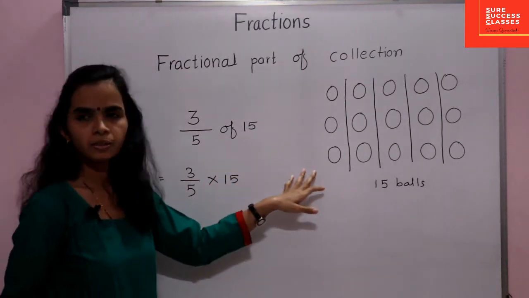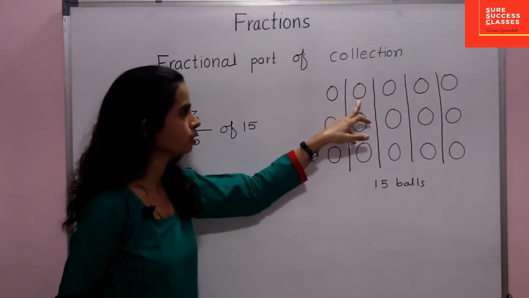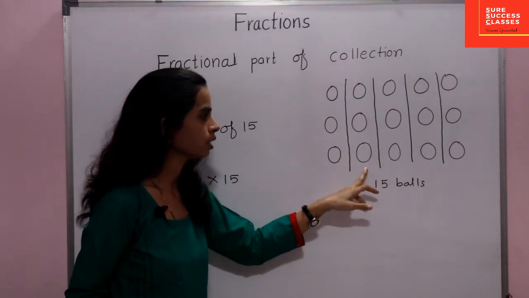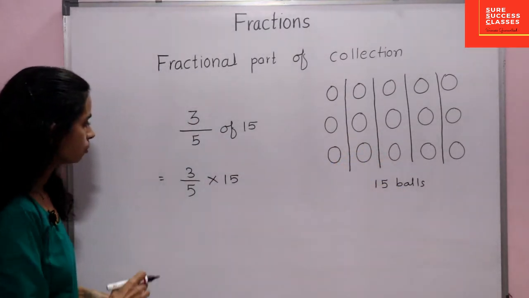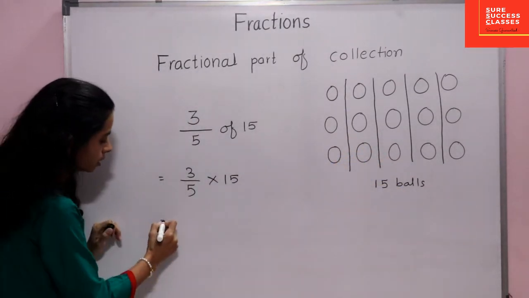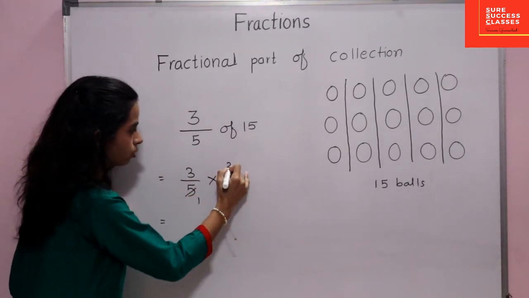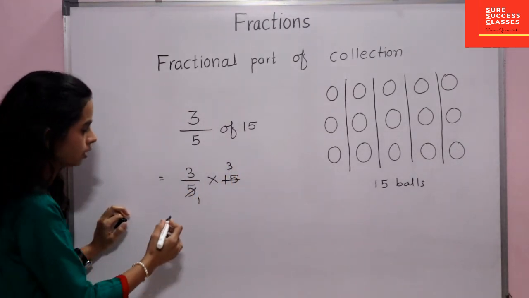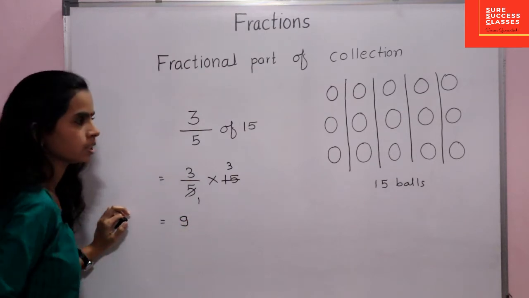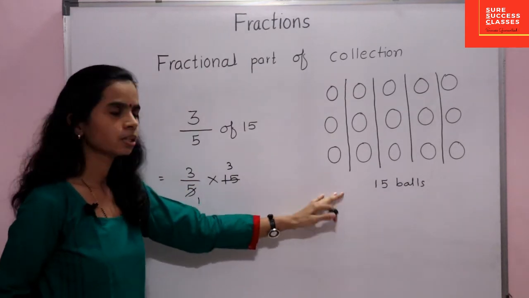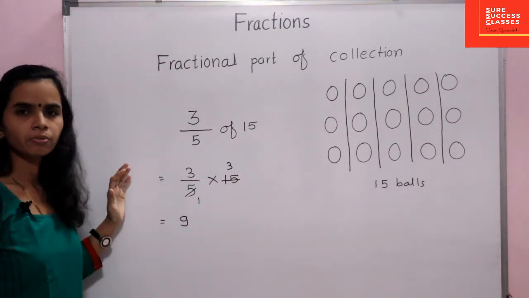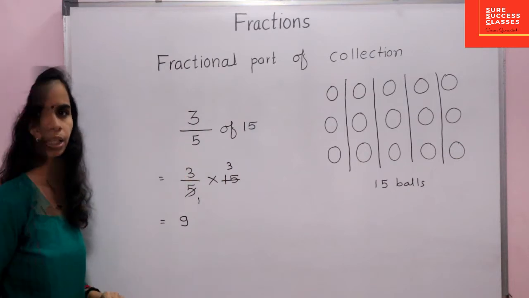If we count these balls in 3 groups, 1, 2, 3, 4, 5, 6, 7, 8, 9, and if we perform this operation, then 5 ones are 5, 5 threes are 15, and 3 into 3 means 9. It is equal to our counting. In this way we can find fractional part of a collection.